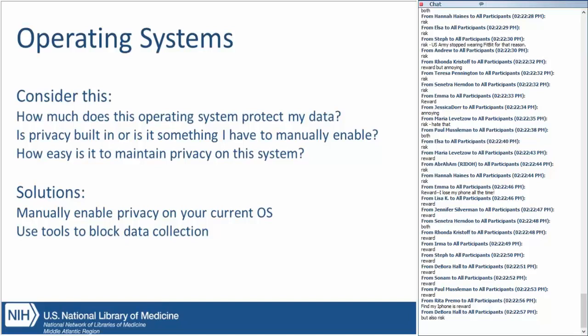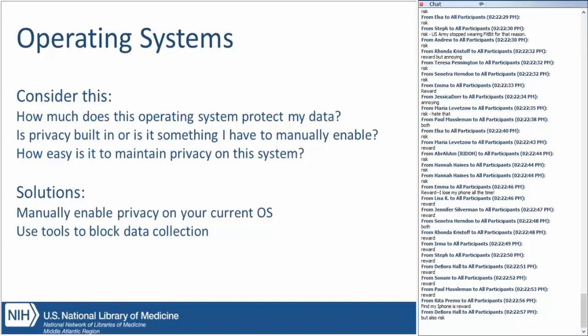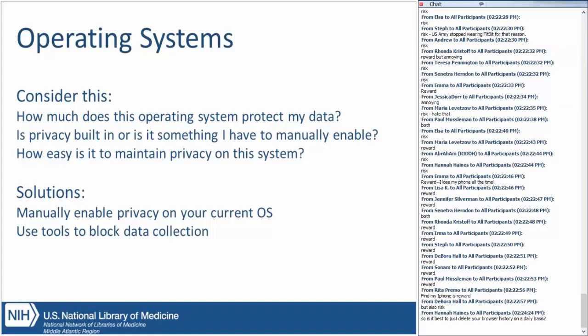Similarly, Windows has made it very difficult to opt out of any data collection and third-party sharing they might do. But a lot of our workplaces, maybe even at our home, a lot of these devices are running on Windows 10. So what can we do with this information?